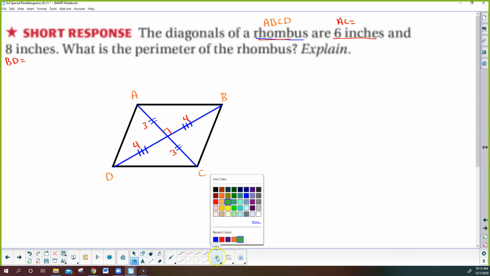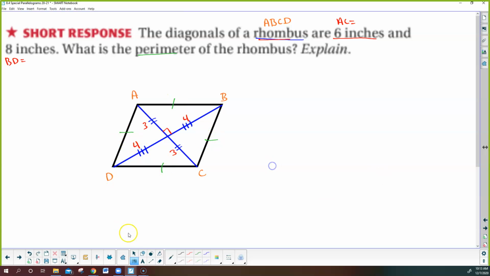Our job now is to find the perimeter. What is the distance around? Well, wait a minute, it's a rhombus. So I do know that all 4 sides are equal.